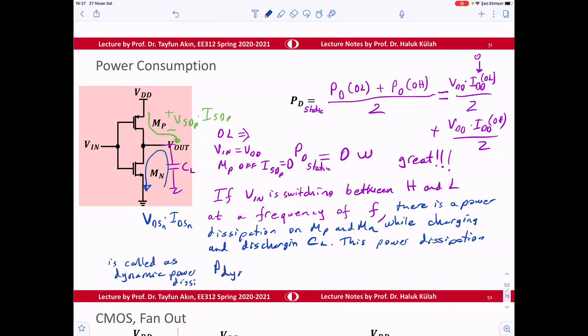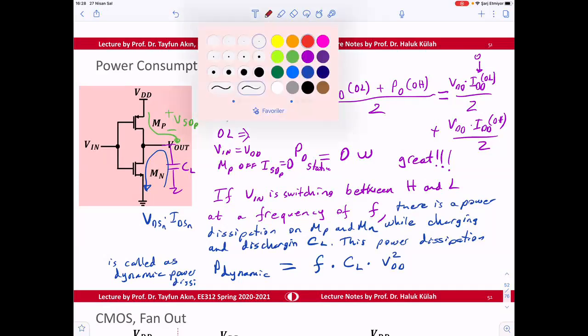So P dynamic is going to be equal to frequency of switching times CL times VDD squared.